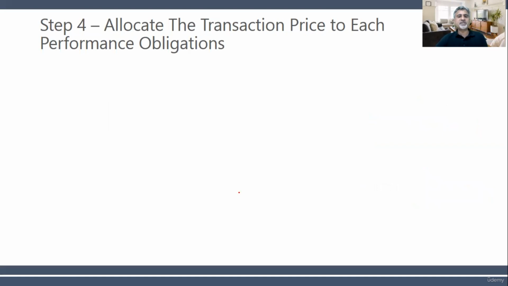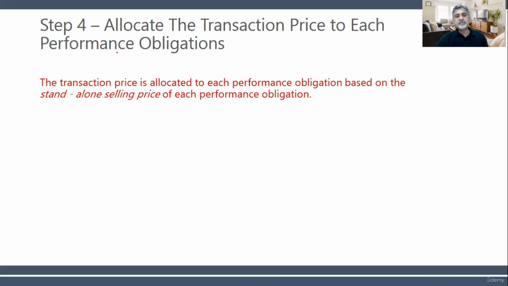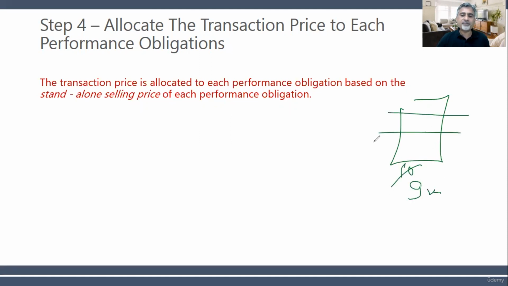Then we say allocate the transaction price to each performance obligation. So, first step, the contract. Second, defining the performance obligations. Third, contract price. Fourth, allocating the total contract price to the individual performance obligations. The overall transaction price, remember you had that 10 million, then you made it 9 million, and then you have to allocate it.